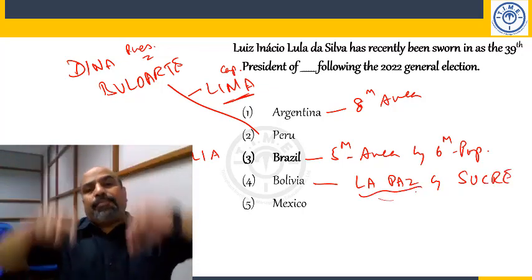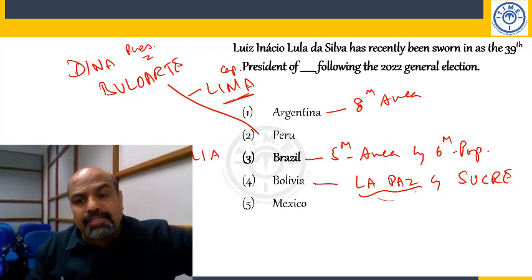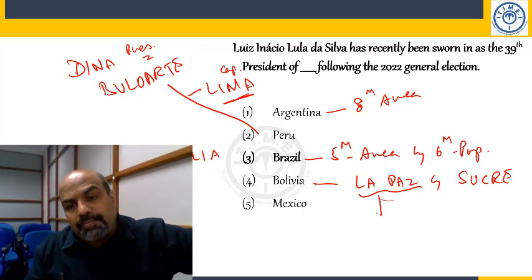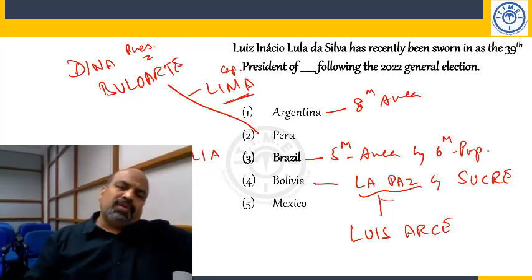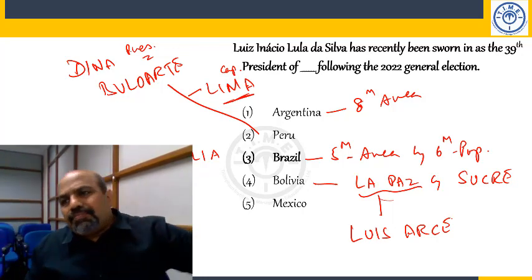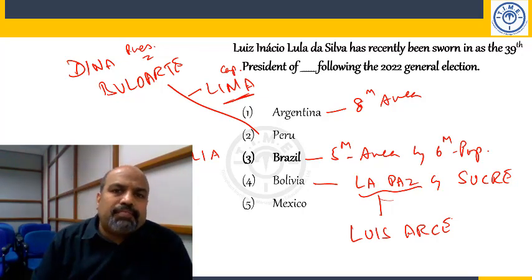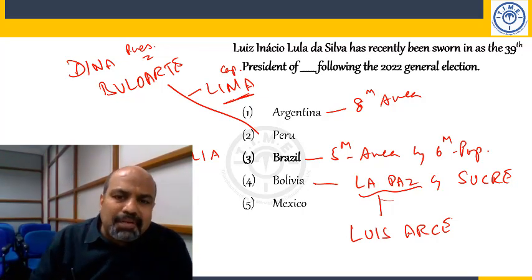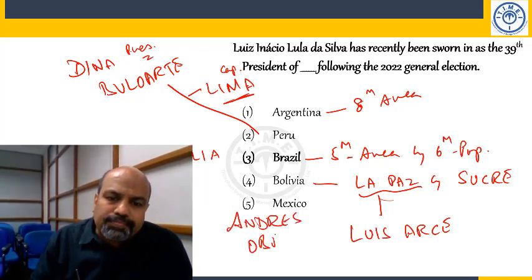World's highest capital city by altitude. And the president is Luis Arce. Mexico is Andres Manuel Lopez Obrador.